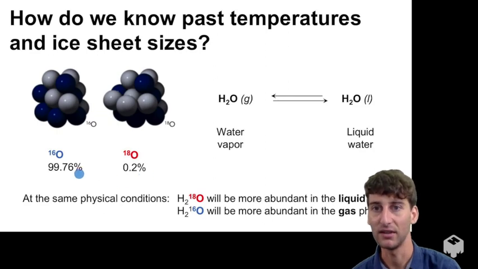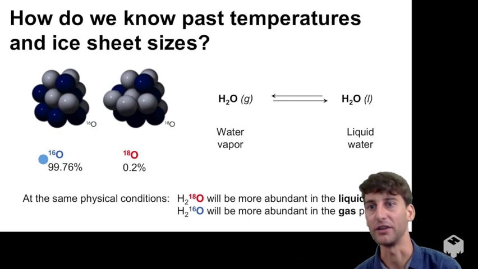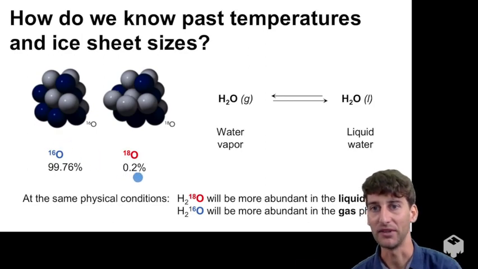So for instance, water with a 16O will actually boil at a slightly lower temperature than a water with oxygen 18. And that's because these water molecules are moving around a bit faster and they're just bursting to get out of this liquid water and turn into a gas. Versus the oxygen 18, because it's moving a bit slower, it's not ready to make that jump quite yet.